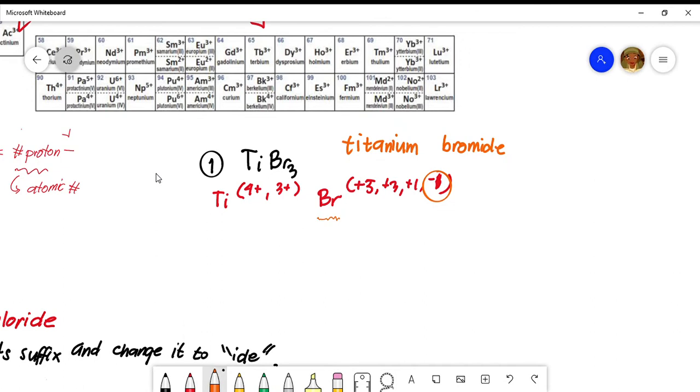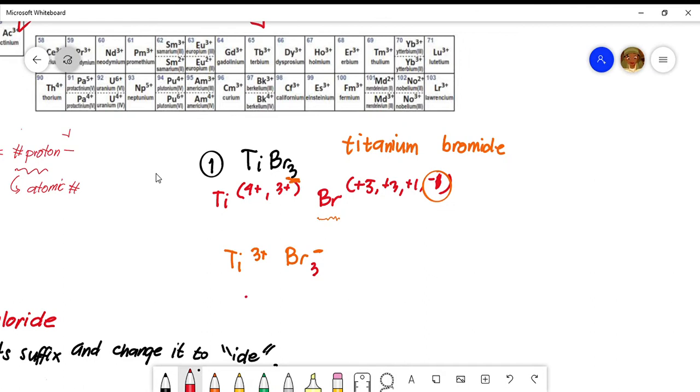So then observe that we have the subscript 3 here. So we can say that titanium might have 3 positive here, and since our bromine is negatively charged as we picked, it needs the subscript 3 for it to become a stable ionic compound.